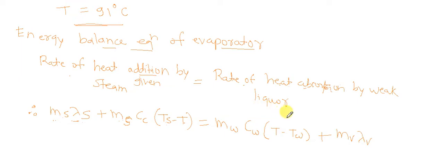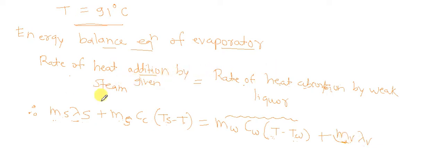Please note that this much energy is required to increase the temperature of the weak liquor from Tw to the evaporator temperature, and then at the evaporator temperature this amount of liquid is converted to vapor, this much amount of vapor generated from the solvent. So we have this equation.